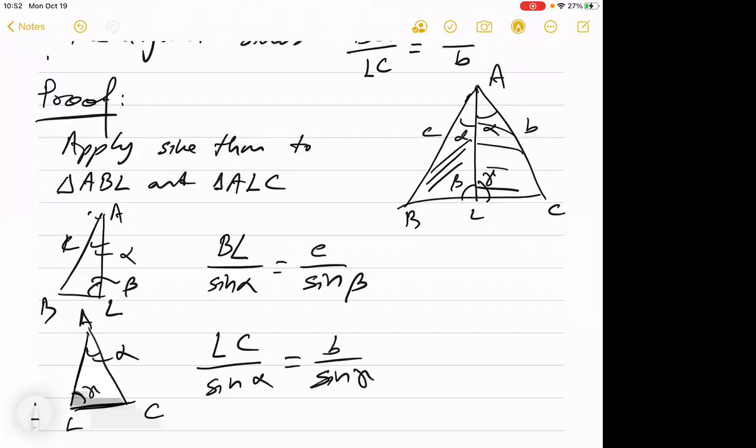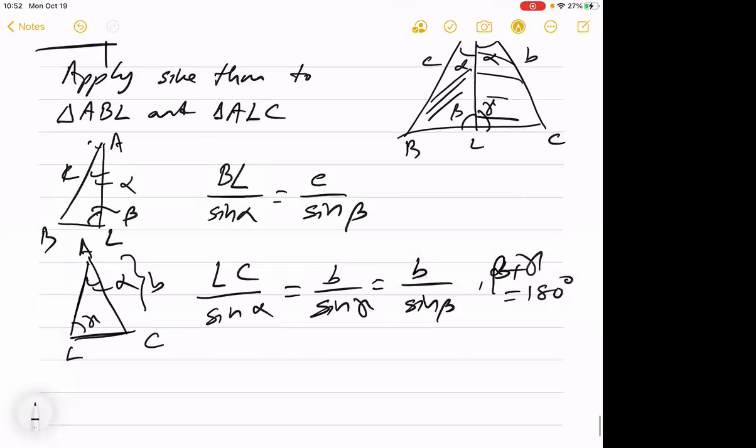Right? This side is b. But sine gamma is the same thing as sine beta, because beta plus gamma is 180 degrees, so their sines are the same.